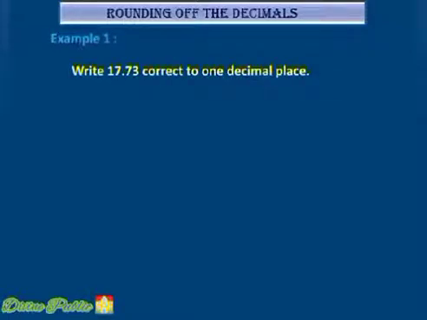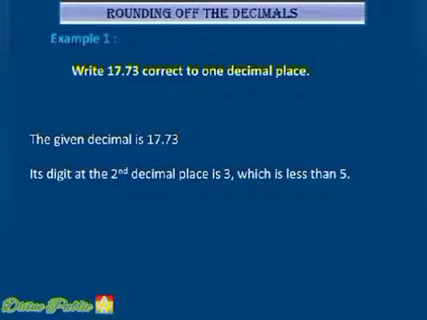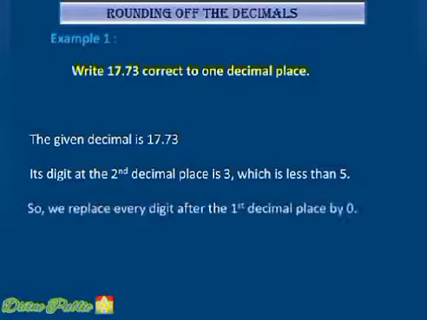Let us understand this by the example. Write 17.73 correct to one decimal place. The given decimal is 17.73. Its digit at second decimal place is 3, which is less than 5.